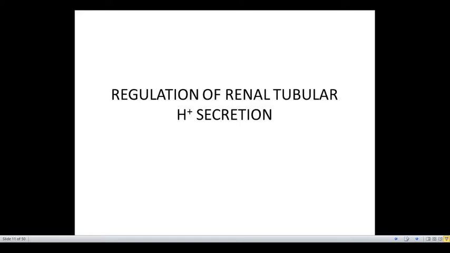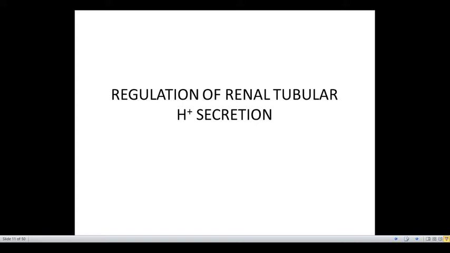As we studied earlier, and as I have mentioned repeatedly in the previous slides, hydrogen secretion is necessary for both bicarbonate reabsorption and generation of new bicarbonate ions.